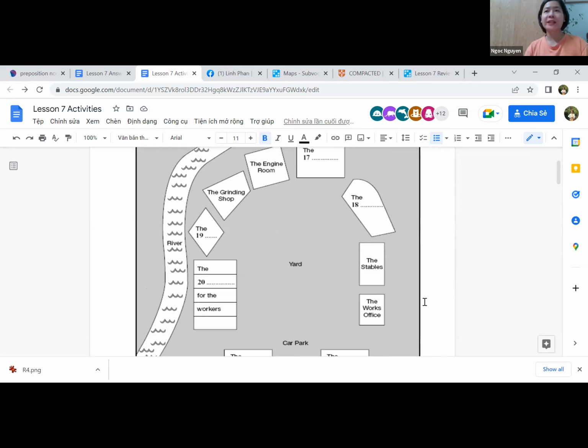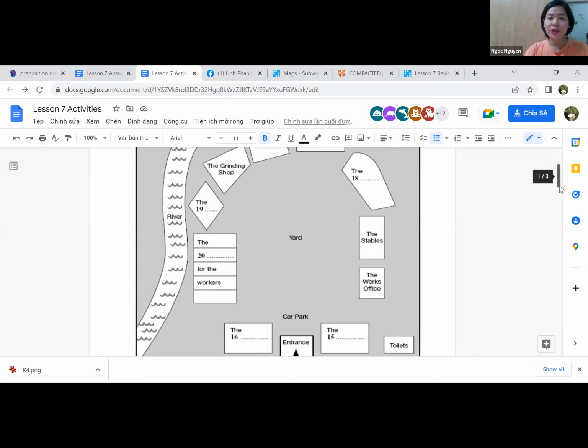But the second time you go there, everything is much easier because you've been there and things are now familiar to you. Right? It's something that you need to do for yourself when you complete a map. Before the recording starts, it's very important that, as Minh Ngọc said, you need to know where things are.